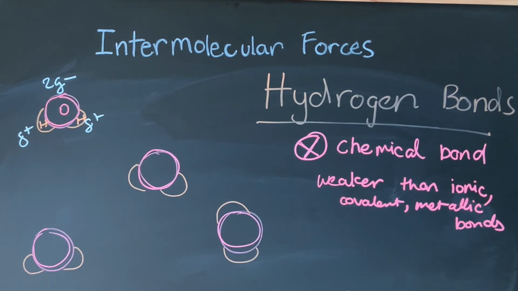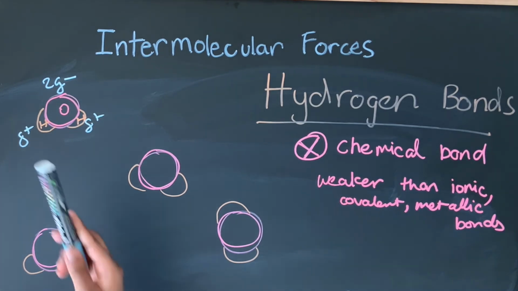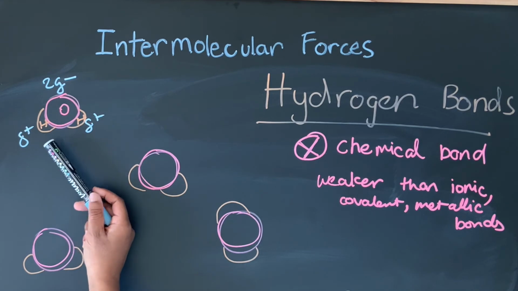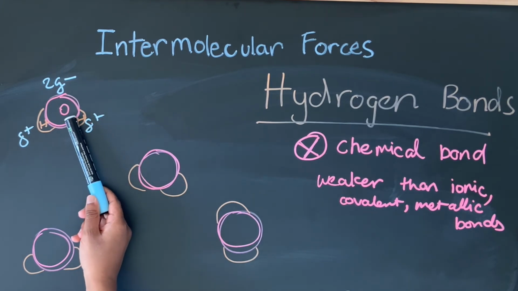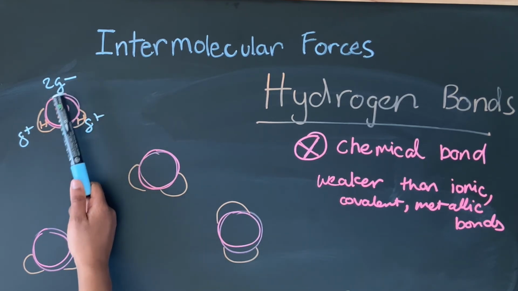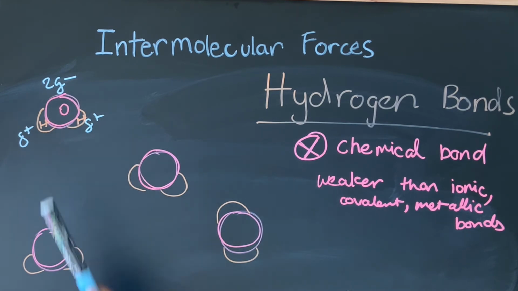Remember that hydrogen bonding always involves a hydrogen atom bonded to some highly electronegative atom, which could be a fluorine, oxygen, or nitrogen atom. So in water, the hydrogen atoms are bonded to a very electronegative atom, oxygen, which has a slightly negative charge, while the hydrogens have a slightly positive charge.